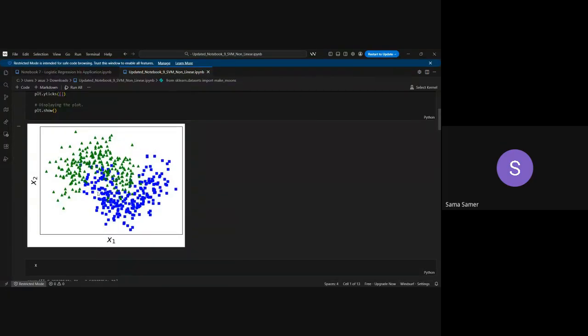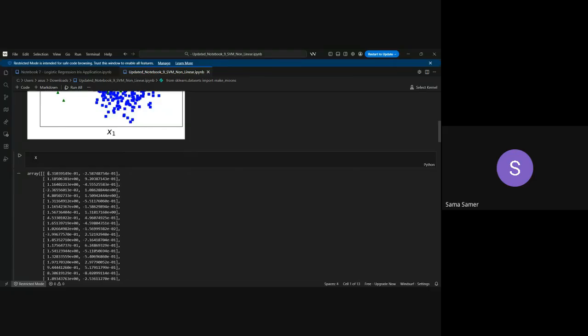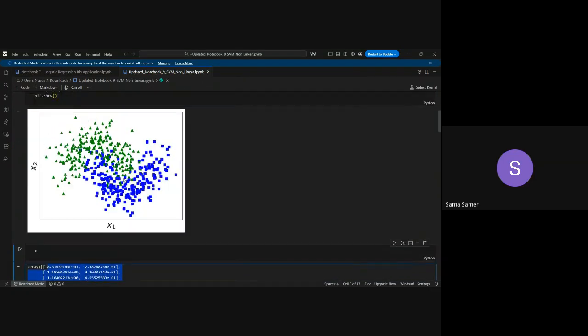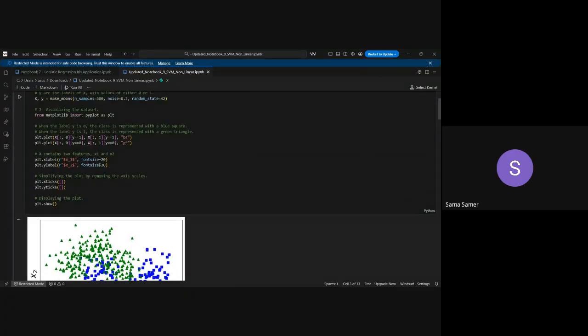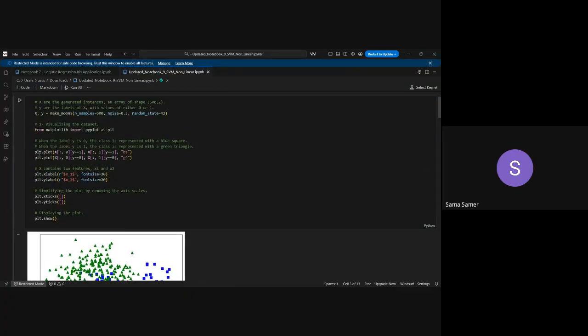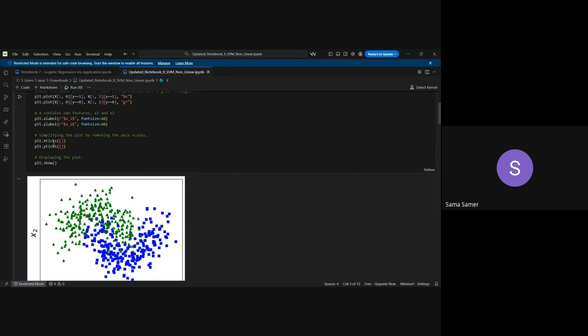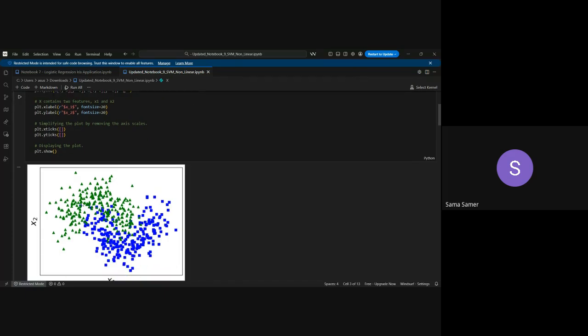So then we have the X, which is the feature, and this is the array that our features will have. And here, so let's go back. So here, when the label y is 0, it is represented by the blue squares, and if it is 1, it is represented by the green triangles. And then we say that X contains 2 features, which are X1 and X2. For X1 and X2, we have 2 target values, which are 0 and 1.